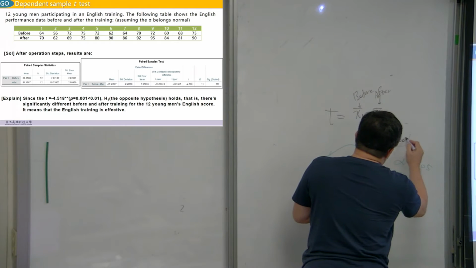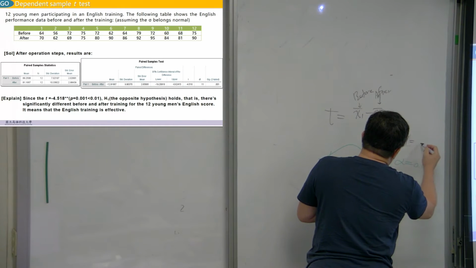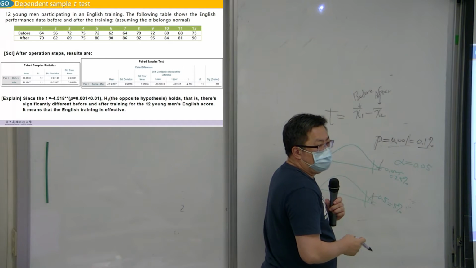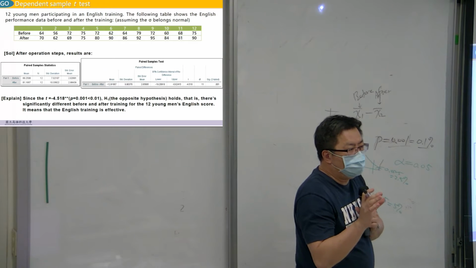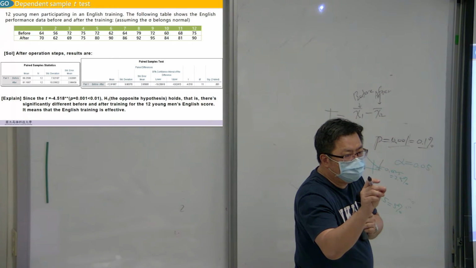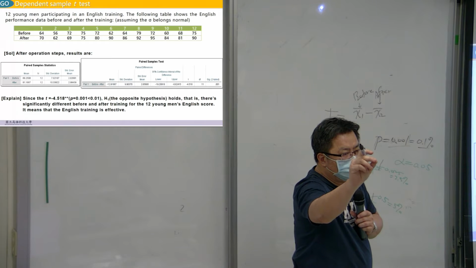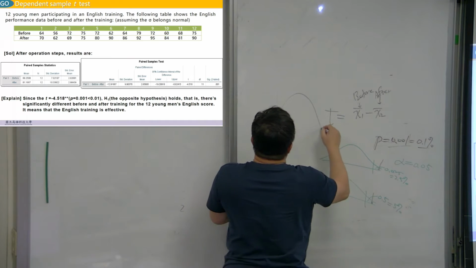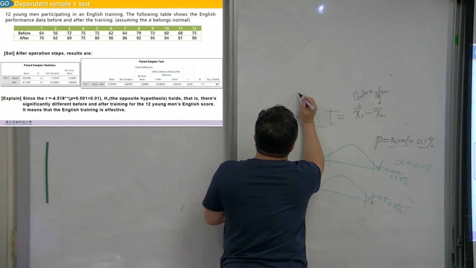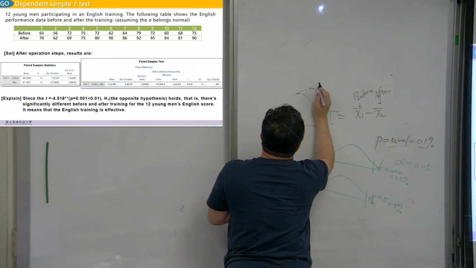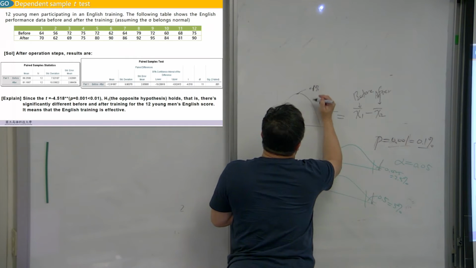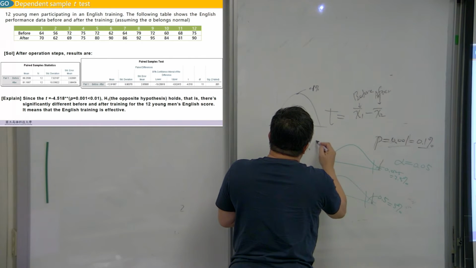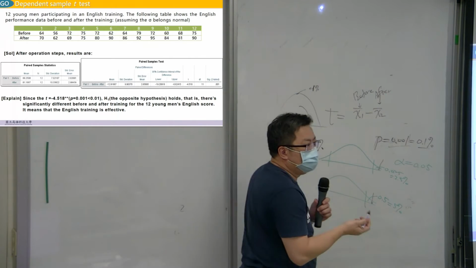P-value 0.001 means how much? You are the top 0.1% out of 100%, the very, very top. For example, here is 1%, okay? You are this one. There are 99% of people lower than you.